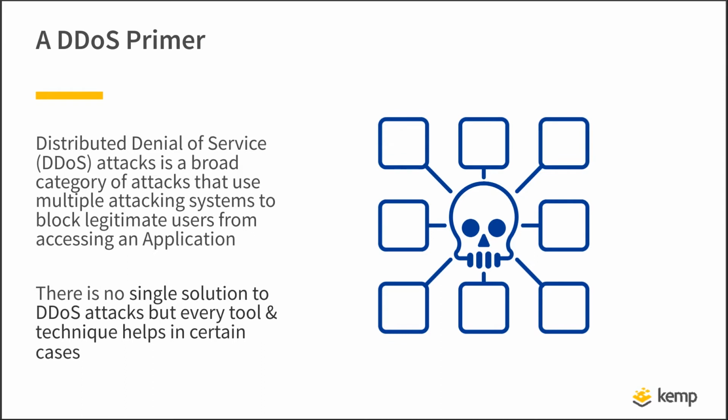So the first one I want to focus on is DDoS, and obviously this has become more and more of a concern for IT operations and security teams over the last few years. It's become a relatively cheap and effective type of attack, and it's becoming more prominent. When we talk about denial of service, the whole purpose of this technique is to block legitimate users from accessing the application or the service.